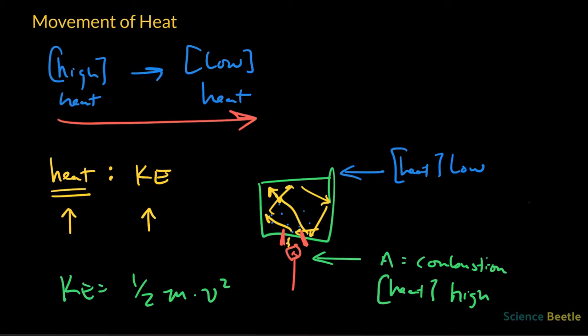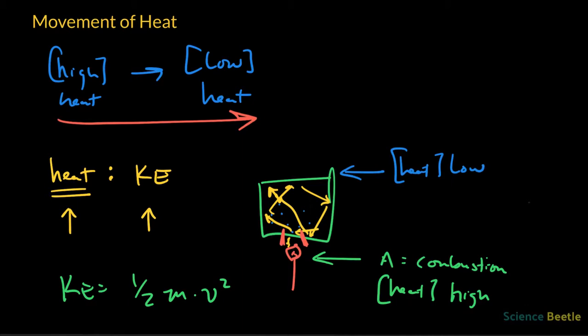So as long as you have one substance or one side of the reaction or reactant with a higher temperature than, say, another one in the reaction, or as long as you have one body of a material that is at a higher temperature than another one when they come into contact, that transfer or that movement of heat will follow this overall high to low mechanism that we have up top.